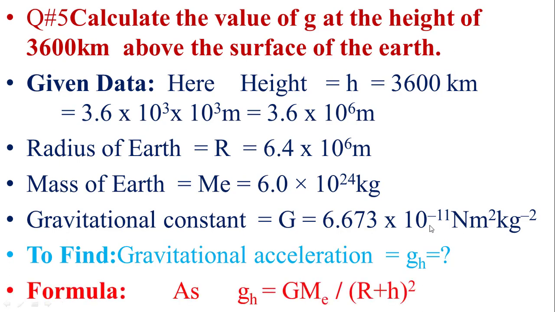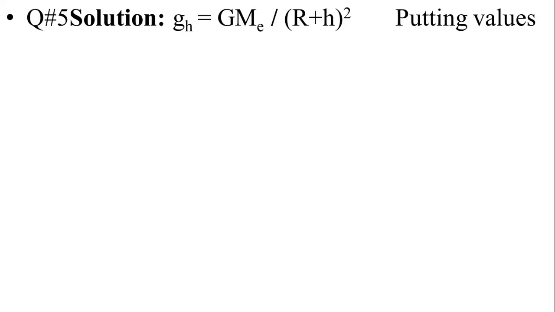Formula: gh is equal to G Me upon (R plus h) whole square. Now we find the solution. So gh is equal to G Me upon (R plus h) whole square.